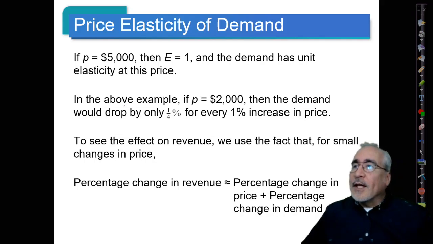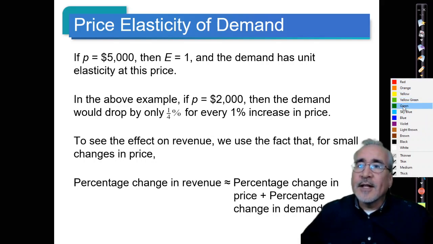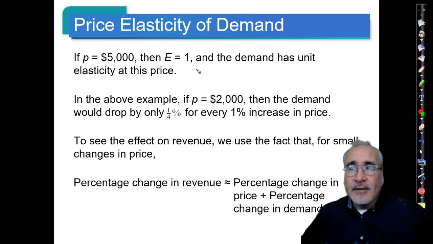We do the same thing if you plug in the 5,000. Now you're going to have to remember what that formula was. This is why it's nice you can pull up the PowerPoints. It was P over 10,000 minus P, right? Our elasticity.